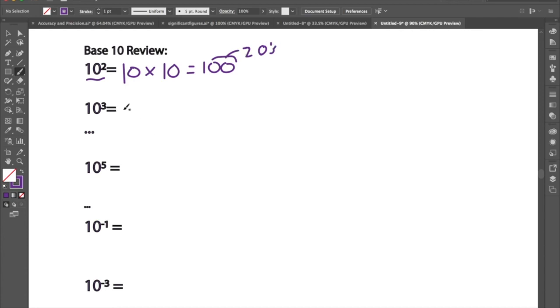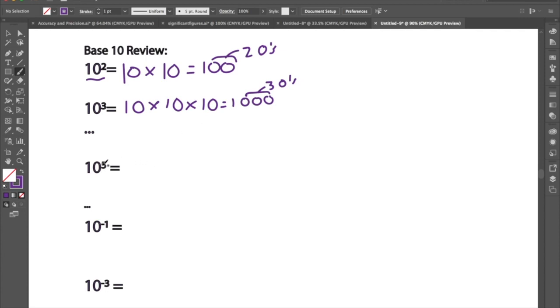In the case of 10 to the power of 3, we know that's 10 times 10 times 10, which of course gives us 1,000, having 3 zeros. It's important to recognize that pattern as you get to larger and larger numbers.